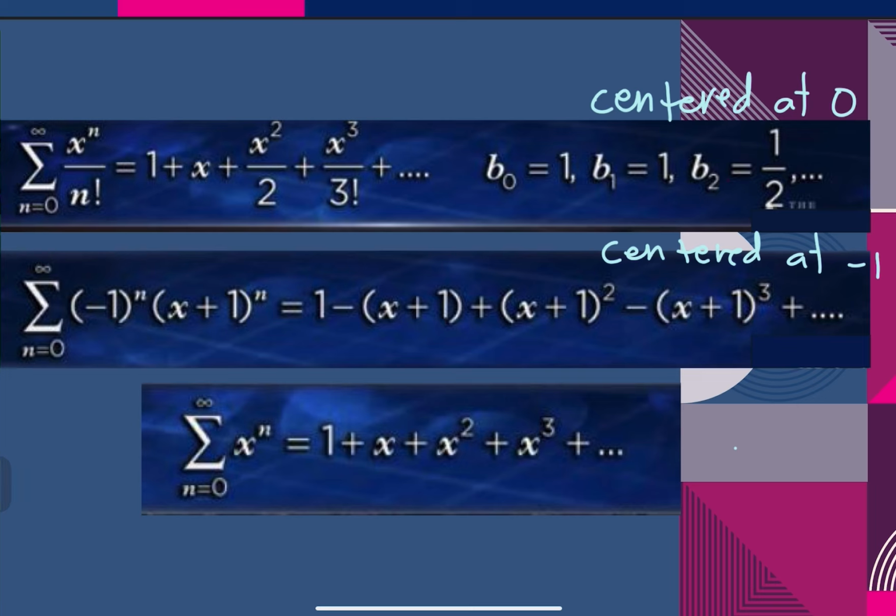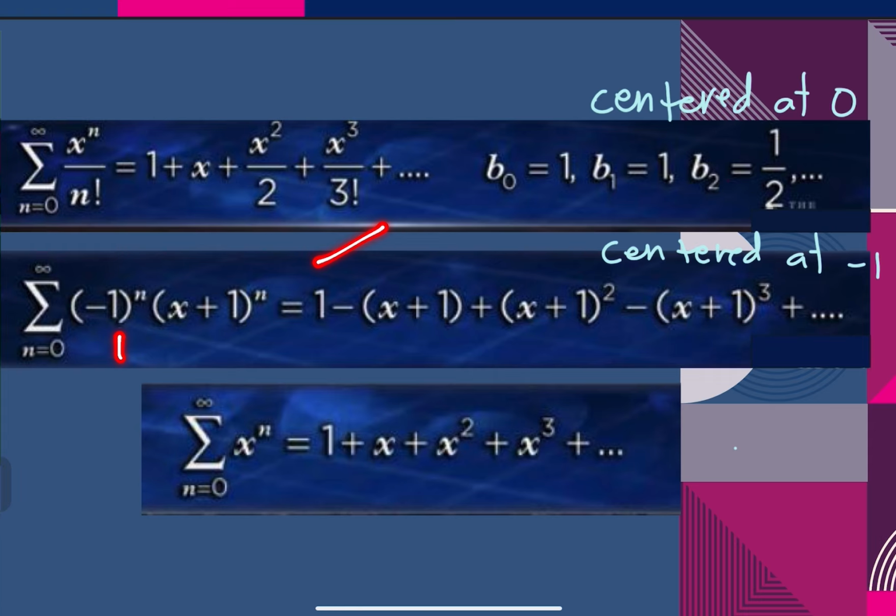But here's another power series: negative 1 raised to n, times x plus 1 to the n power. So let's write out the first few terms here. When n is 0, this is 1 times 1, so we have 1.